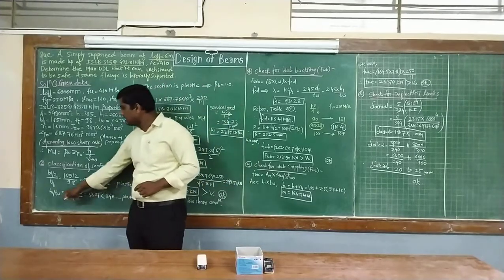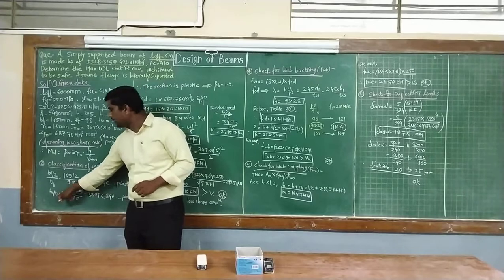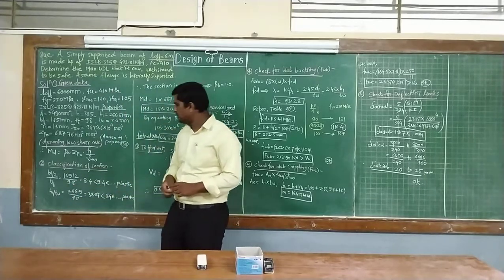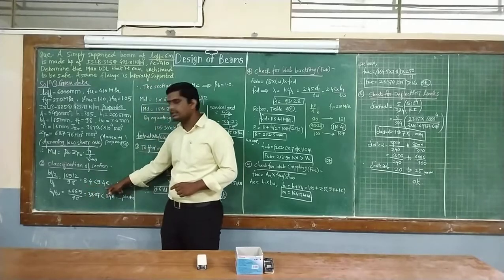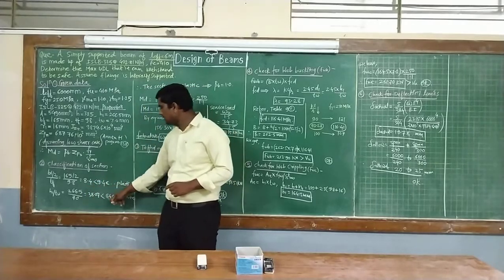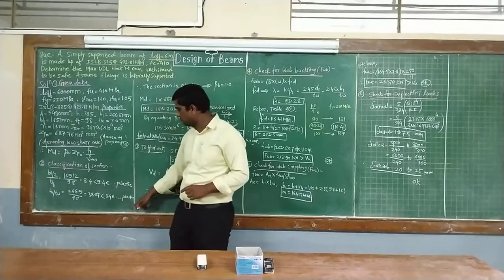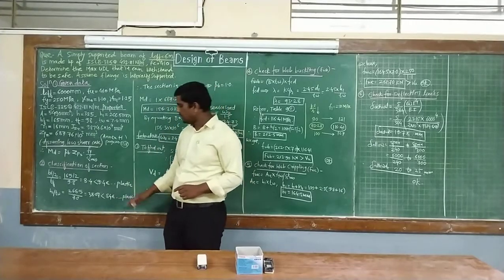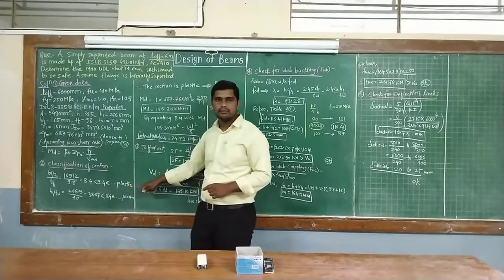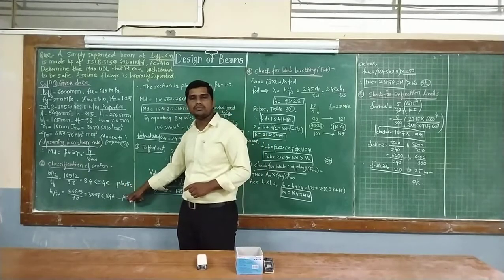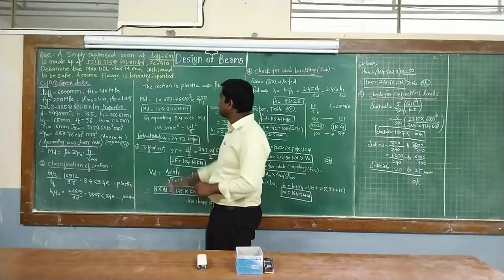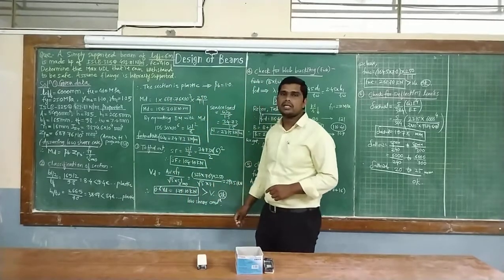The second criterion: h1 divided by thickness of web, 266.5 divided by 7. The answer is 38.7, less than or equal to 84 times epsilon. So the whole section is plastic, meaning for this example we design the top flange, bottom flange and the web as a plastic section.